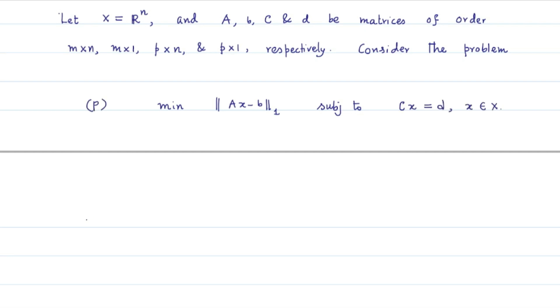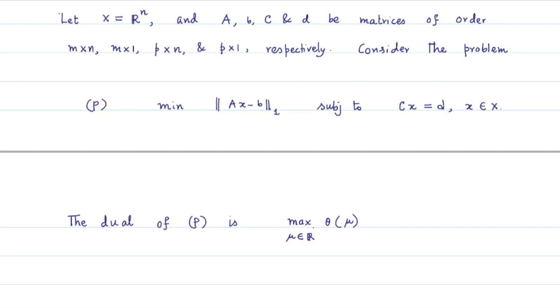Then for this primal problem P, the dual problem is given by the maximization of theta of mu, where mu belongs to R^p, as we have p many constraints here.